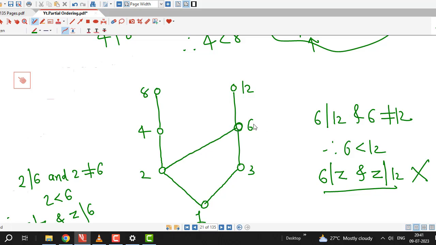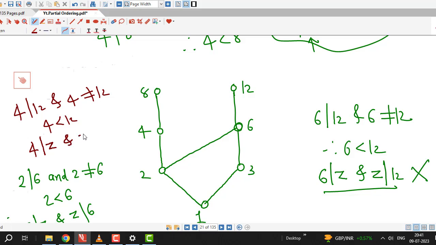So I have to join 6 and 2 by a line segment. So in this way I have to take care of every element. I have to join every element to its cover. Similarly here also I can see that 4 divides 12 and 4 is not equal to 12. Therefore 4 is less than 12, and here also there is no z in the given set such that 4 divides z and z divides 12.